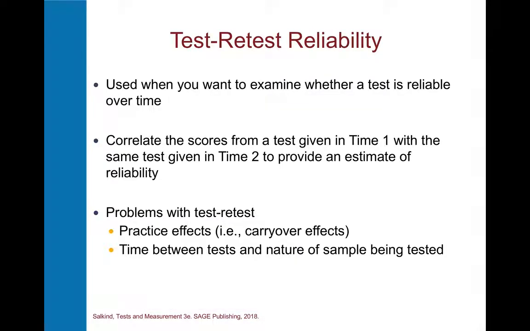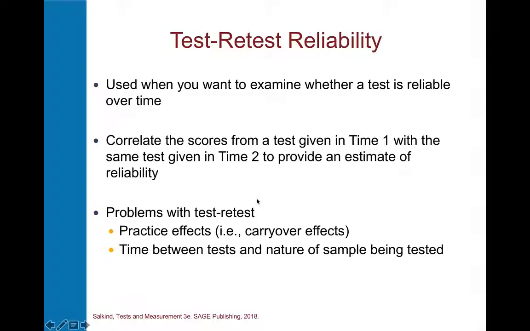So test retest. Test retest reliability is used when you want to examine whether a test is reliable over time. So for example, if you want to evaluate the reliability of a test that examines the preference for different types of vocational or job training programs, you may then administer the test in September and then re-administer the same test again, maybe in November, and then you correlate the two sets of scores.